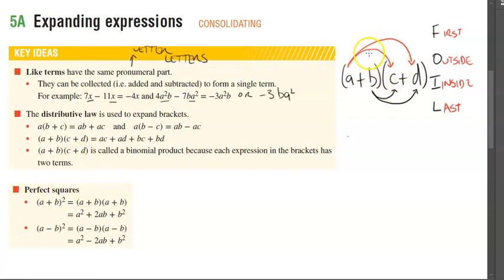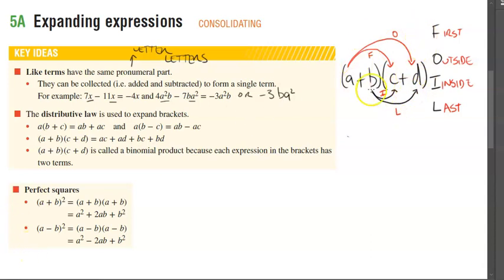That's where the first comes in. Then the first term gets multiplied with the outside term within the second bracket. This is the O, the outside, and it's a good way of remembering the order. Then the inside two terms get multiplied, and then the last term, the second term with the last one. FOIL. This is the order of how we expand this out.